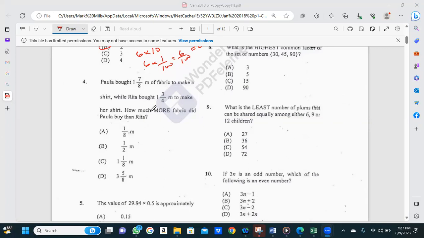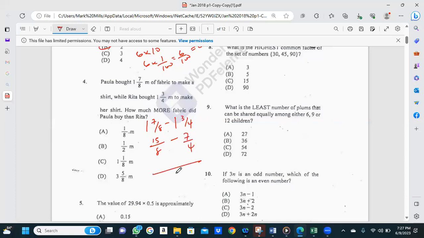All right, so 1 7/8 minus 1 3/4. When we work this out, 8 times 1 plus 7 will be 15, so 15/8, minus this will give me 4 times 1 plus 3, 7/4. We find the LCM.